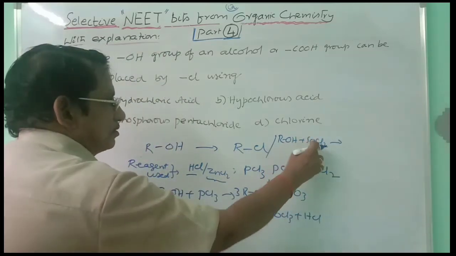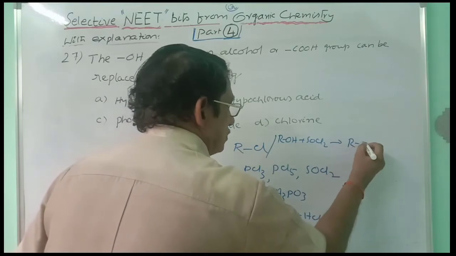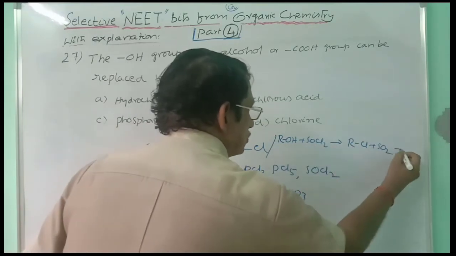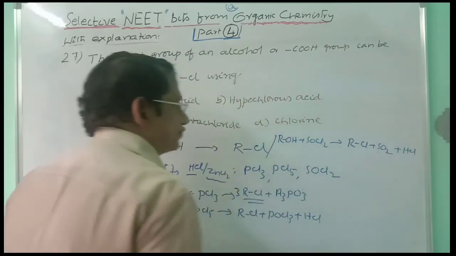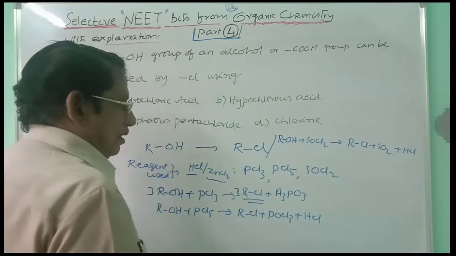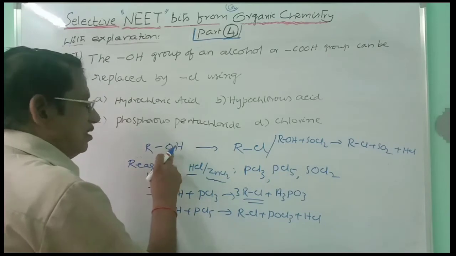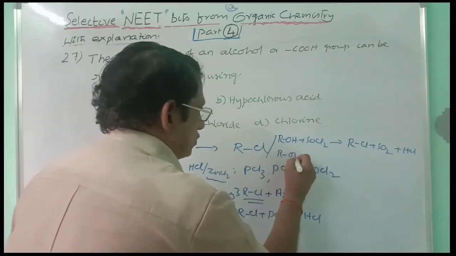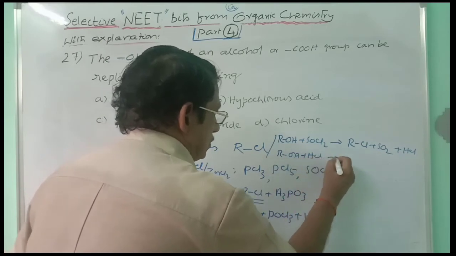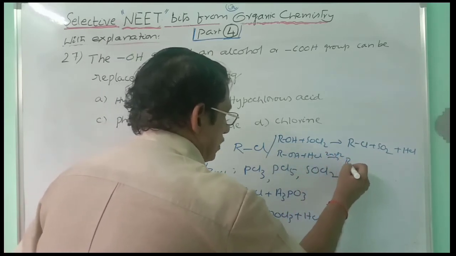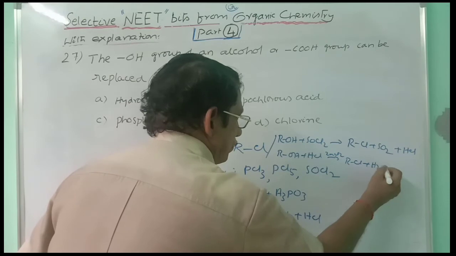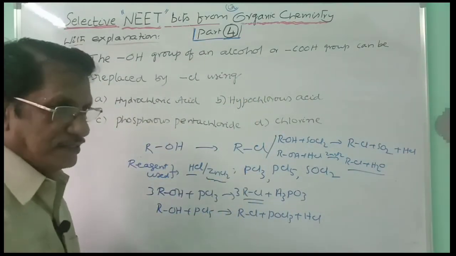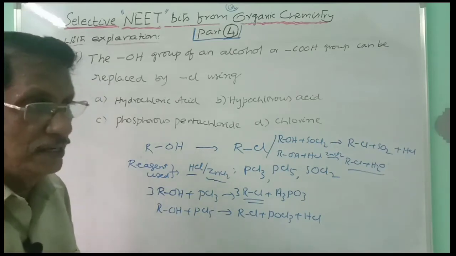OH is replaced by Cl, you will get here RCl plus SO2 plus HCl. And these are the methods. If you take HCl, RCl plus H2O, this is the categorization. ROH plus HCl, ZnCl2, you will get RCl plus H2O. This is the conversion. All these 4 can be utilized for the conversion of alcohol into alkyl halide or carboxylic acid into acid chloride.